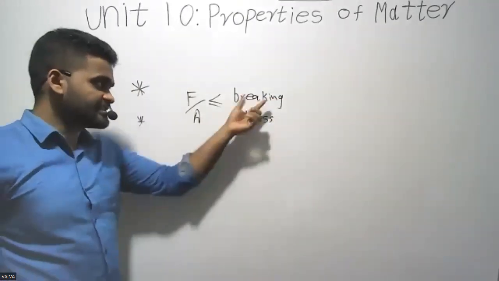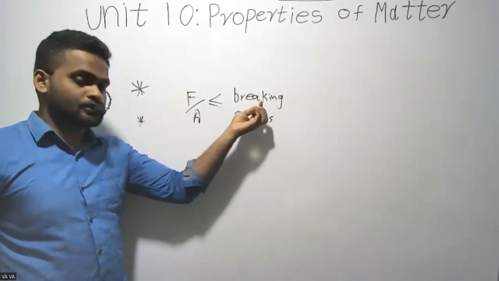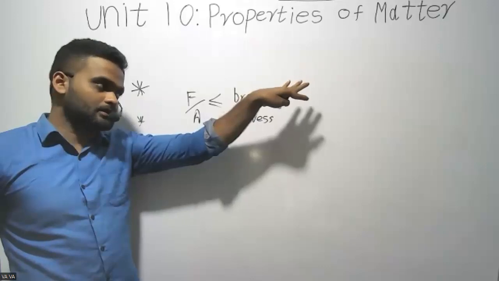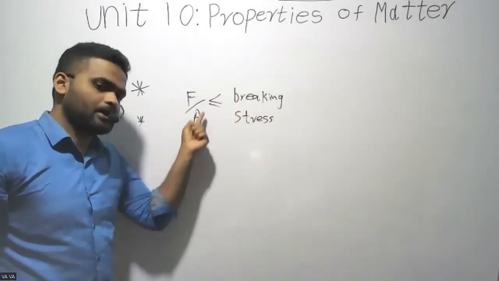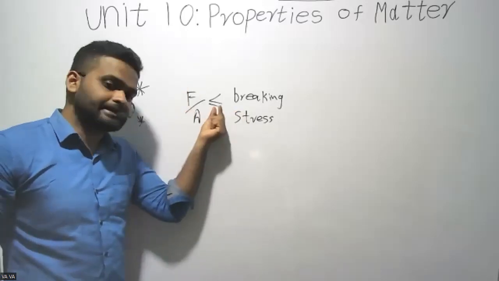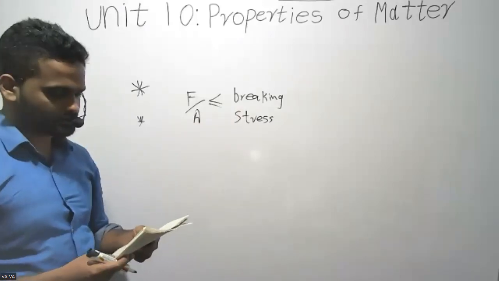We know that this is the maximum stress that the wire can withstand. So the stress we apply to the wire should be less than or equal to the breaking stress. It makes sense, right?